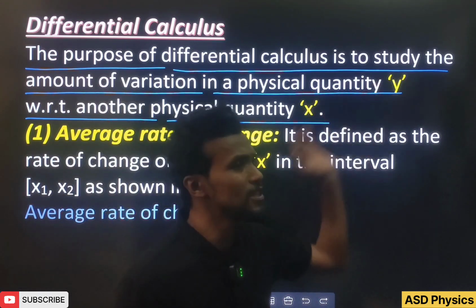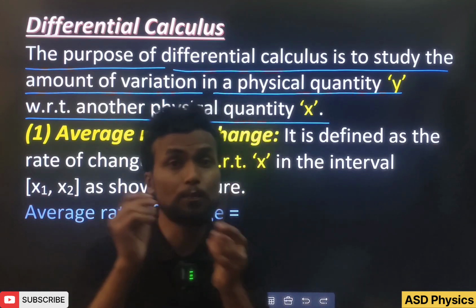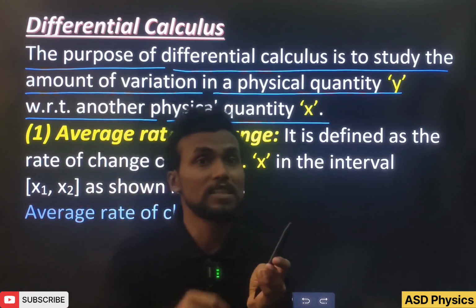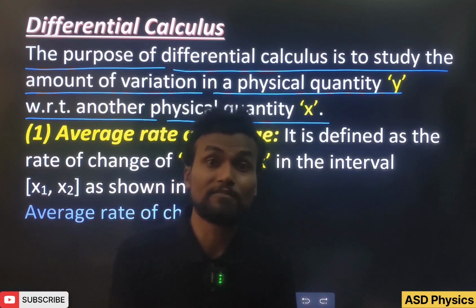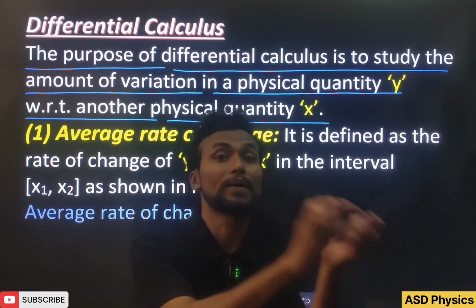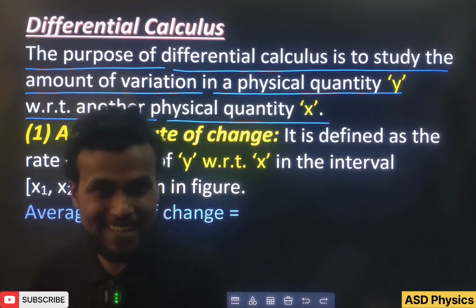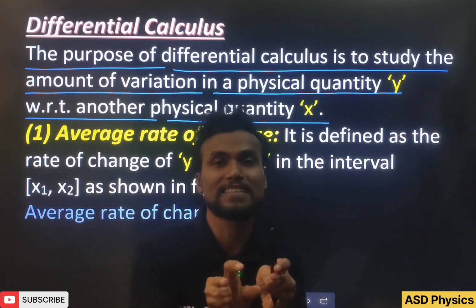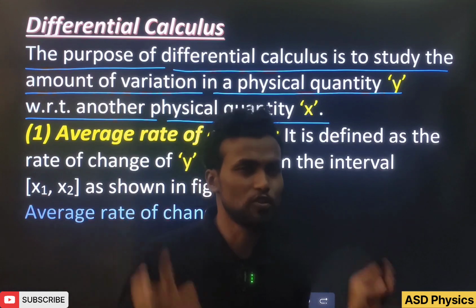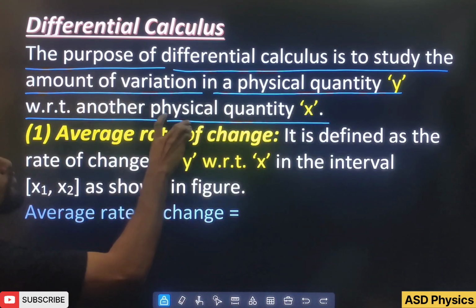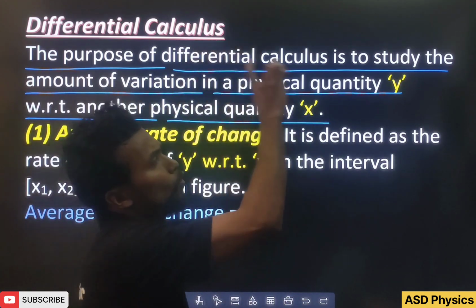Here we are learning x and y, but in physics we will see position and time. Time will be independent, position will be dependent. Similarly, for velocity, time will be independent and velocity dependent. Similarly, for acceleration, time will be independent and acceleration dependent. So any two physical quantities can be involved in physics, but we are going to learn in a general form, that's why we have taken x and y.